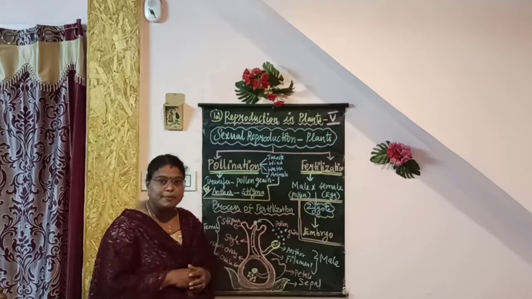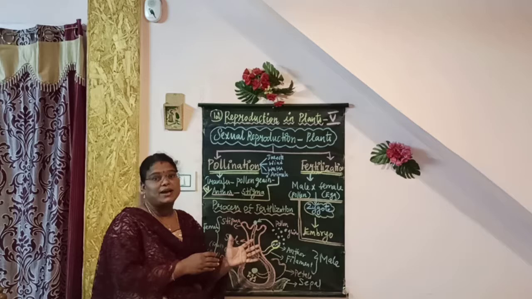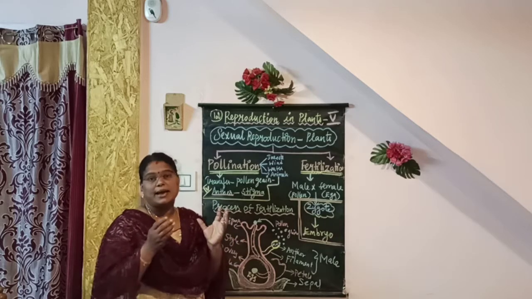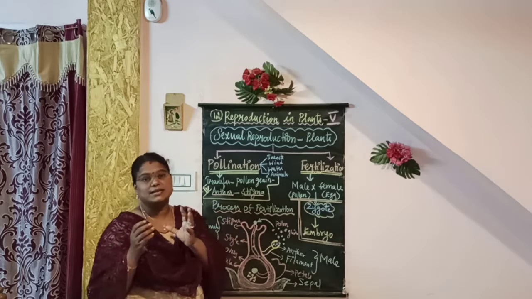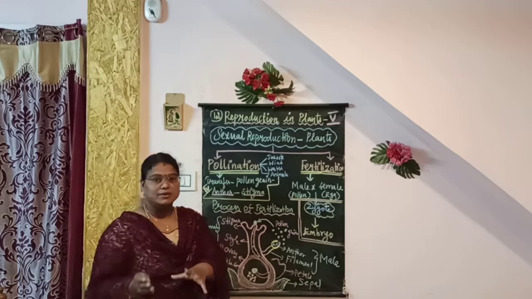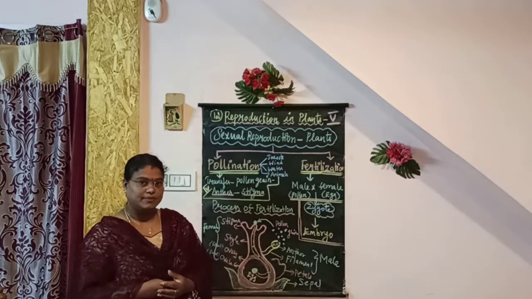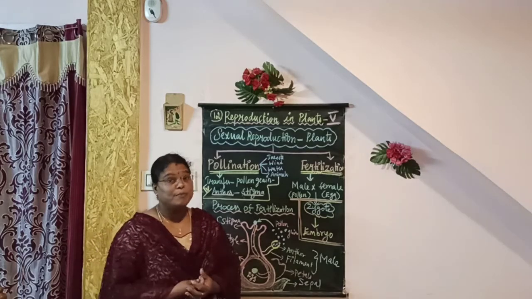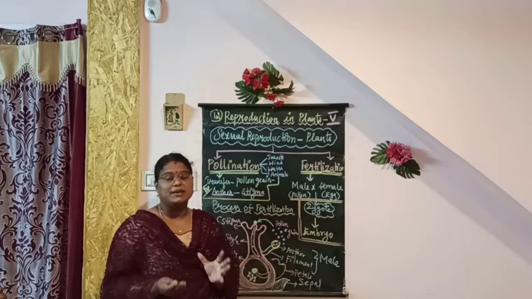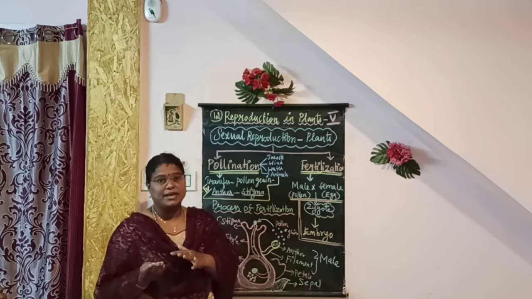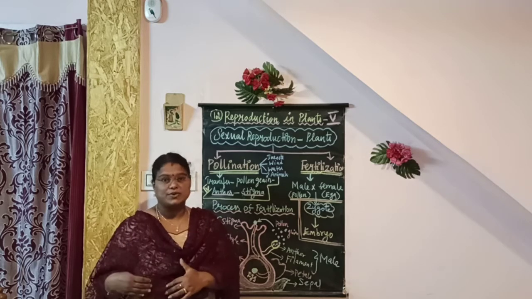sexual reproduction. From the flowers, fruit is formed, and from the fruit the seed is formed, and through the seed we obtain a new plant. This happens by the fusion of male and female gametes. So this is called sexual reproduction.